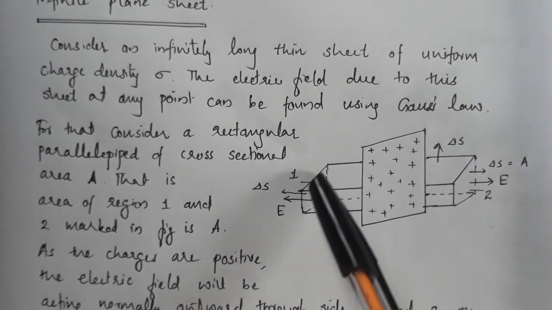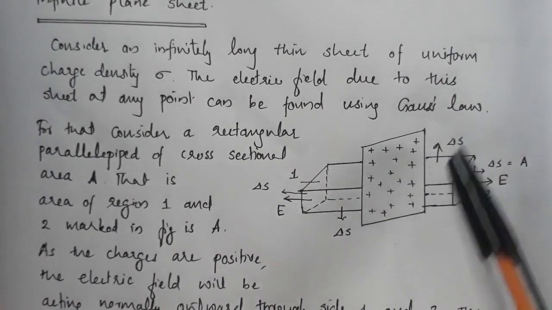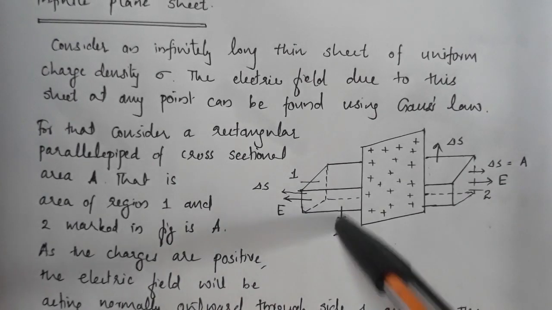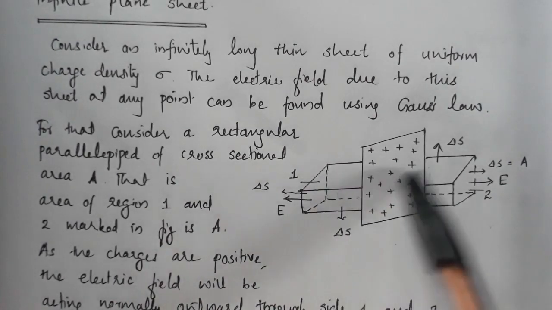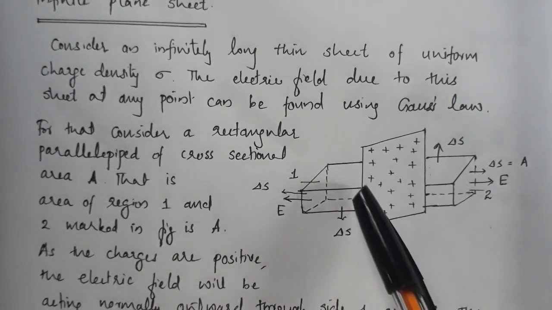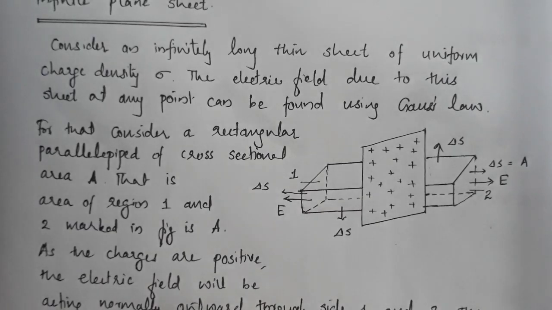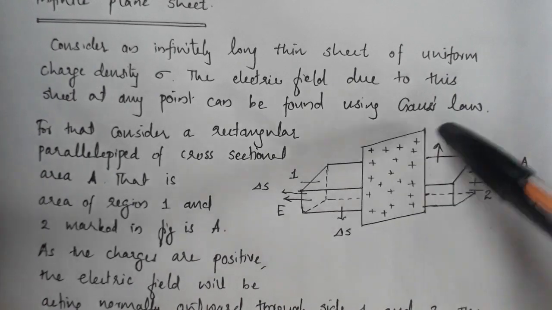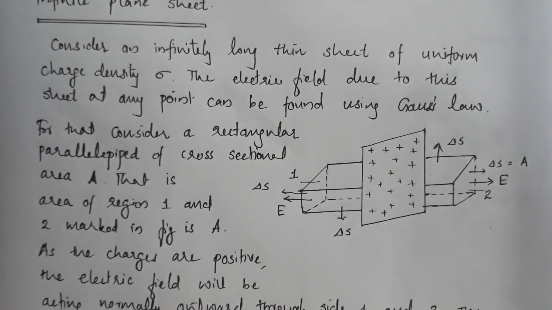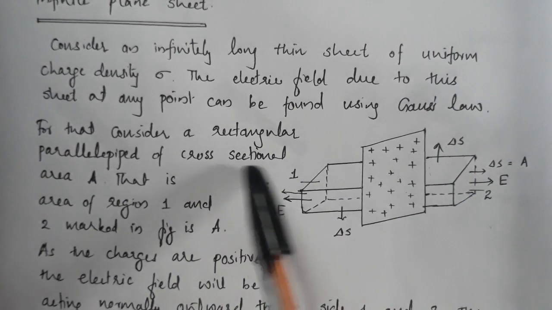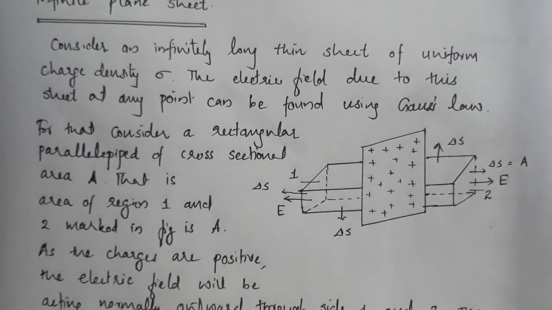Now if you consider the top side, the area vector will be acting upward. The bottom side, the surface area will be acting downward. The side facing you, the surface area will be towards you. So this top surface, bottom surface, and on either sides, the area vector will be perpendicular to the surface, and the electric field will be acting towards the left side or right side.